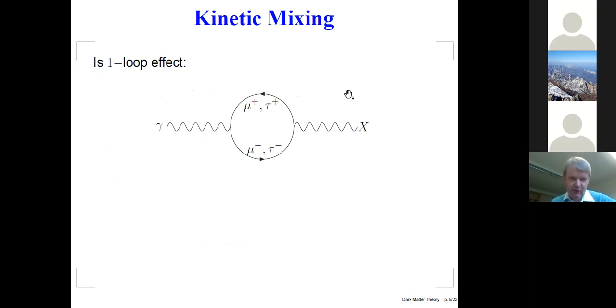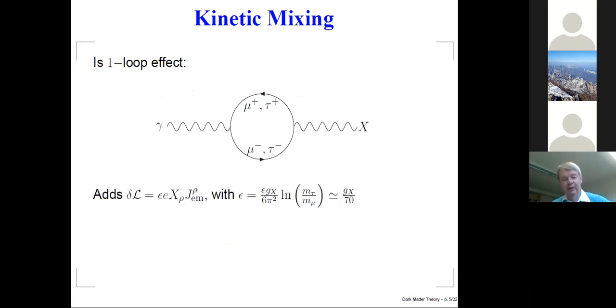So you generate what's known as kinetic mixing through diagrams like this. A photon and the X boson both couple to a loop of charged leptons. These are the only particles to which both photons and X bosons couple. That adds effectively an additional term in the Lagrangian, whereby the X boson now couples to the electromagnetic current via the photon via this parameter epsilon here, which is suppressed by a loop factor.